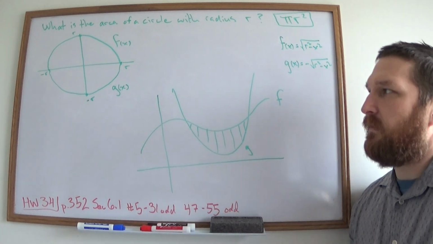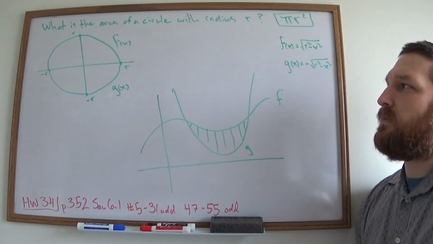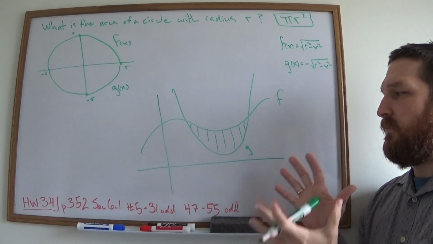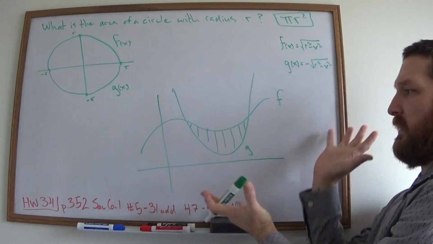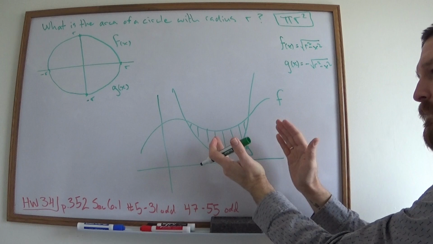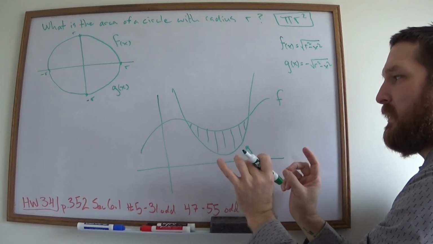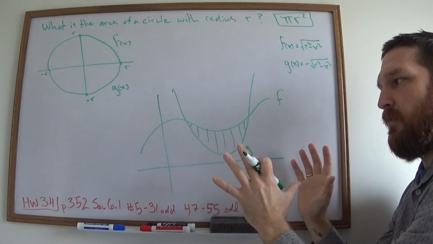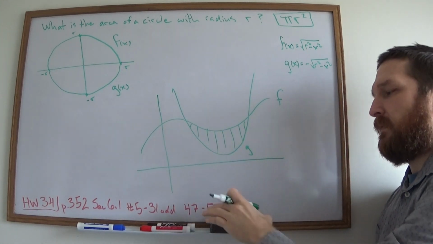That's what our topic for today is. That's what section 6.1 is: finding the area of some region of the xy plane that's bounded by two functions. That region is defined by two different functions, the space or the area between the two functions. That's what we're doing today.